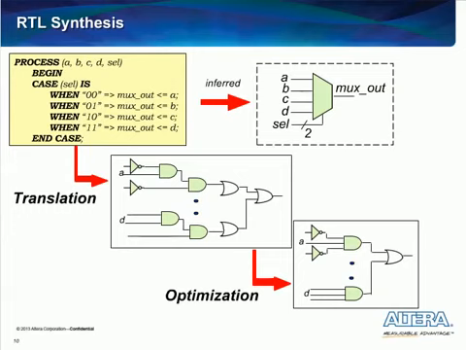During translation, the synthesis tool will directly translate the HDL code into a gate implementation. During the optimization step, the synthesis tool then tries to improve the logic by making it smaller or faster. So, for example, to make the logic smaller, it may try to remove redundant logic. Or, to make it faster, it may try adding some parallel structures to it.